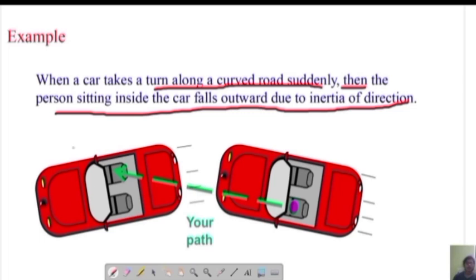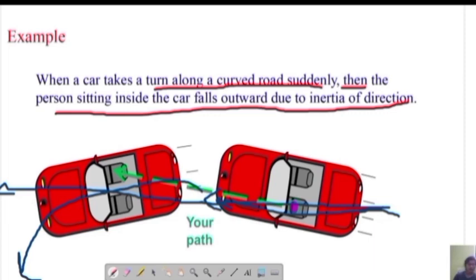You can see an example of a car here, traveling in this direction. But suddenly a turn comes. What is the direction of the car? The direction of the car is this. It has to travel in this direction.